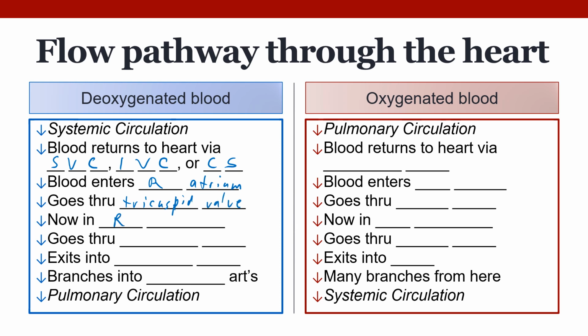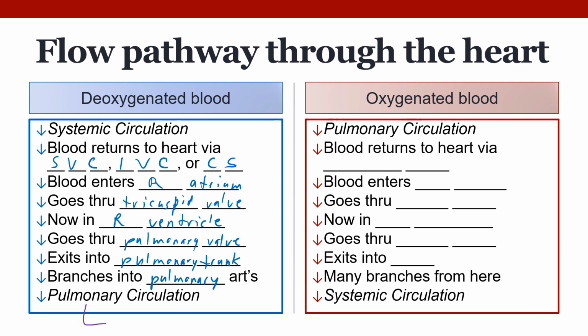It's now in the right ventricle, goes through the pulmonary valve into the pulmonary trunk, branches into pulmonary arteries, and hits the pulmonary circulation.